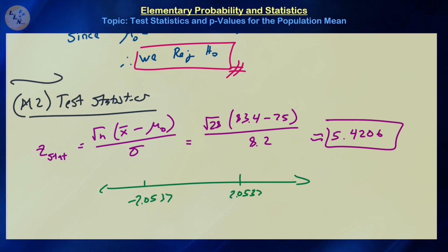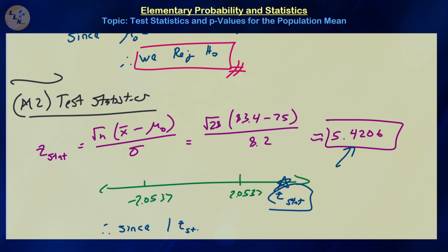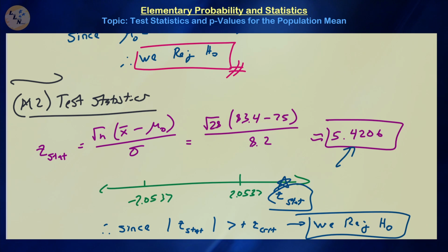So our test statistic is hanging out up there. Since the absolute value of our z test statistic is greater than the positive z critical value, then again we're going to be rejecting the null hypothesis. Is this the same conclusion as before? Yes. So that's a good thing.